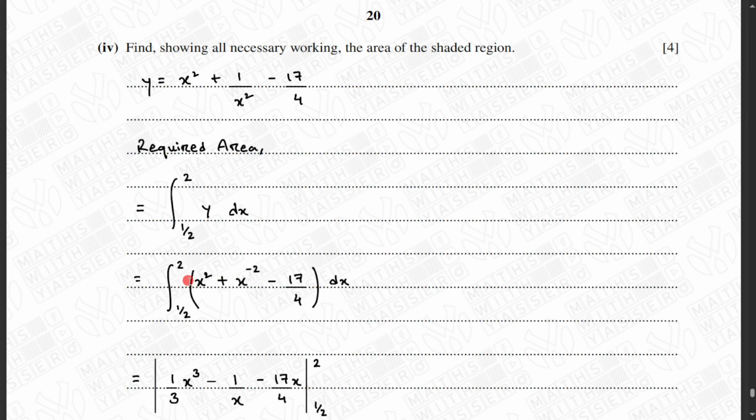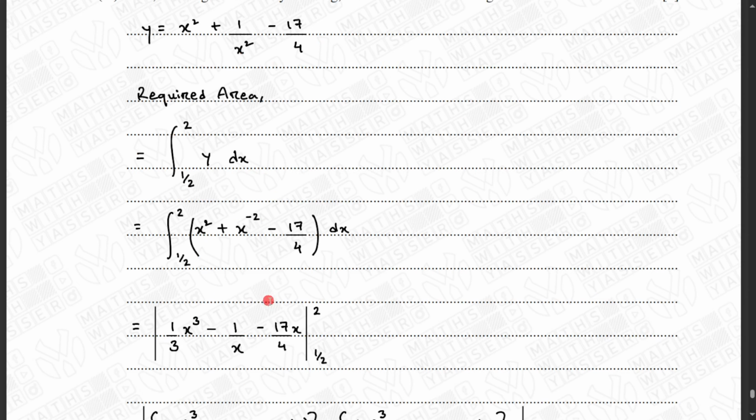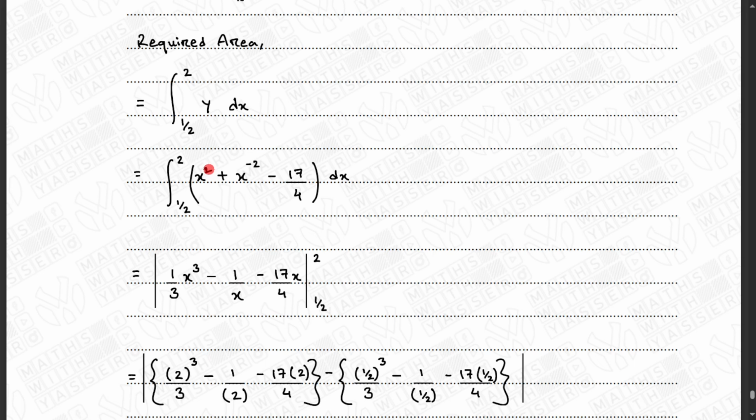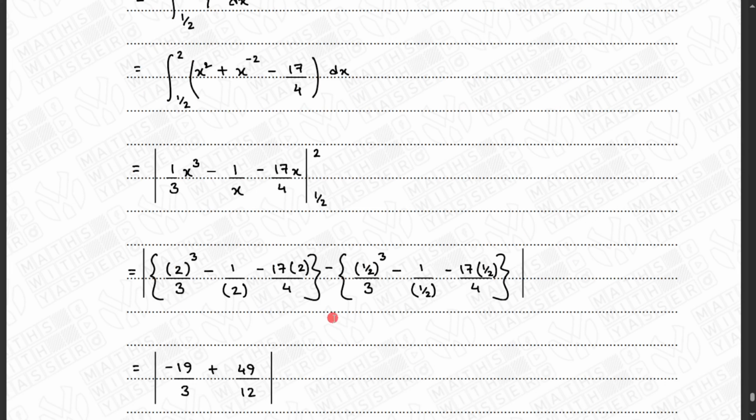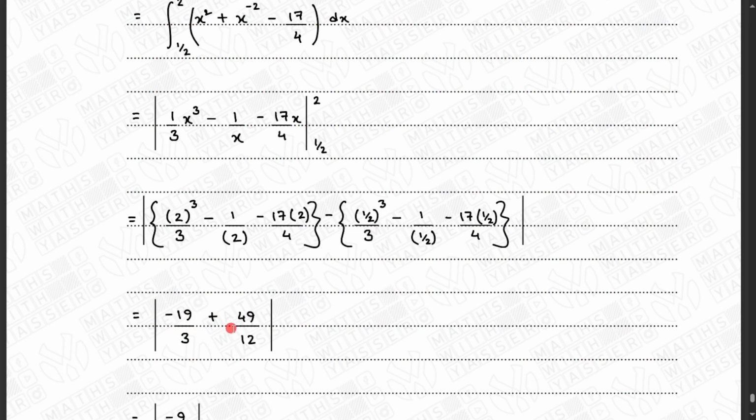We know the x coordinates, which are the limits for the shaded region, and those were 2 and 0.5, which are the x coordinates of B and C. So if we integrate this equation, x to the power 2 will become x to the power 3 by 3, and x to the power minus 2 will become minus 1 over x. And this will become minus 17x by 4. If I substitute these two limits into the equation and subtract them, I get minus 19 over 3 plus 49 over 12.